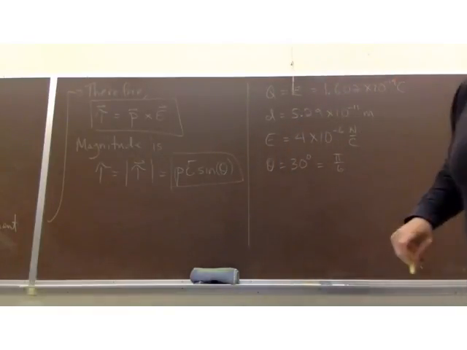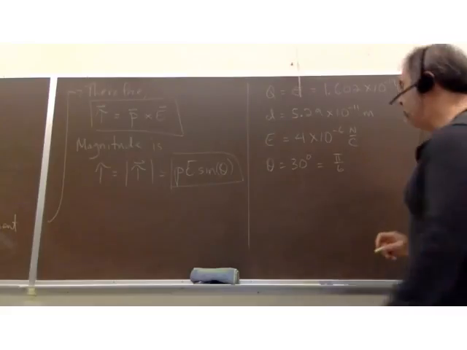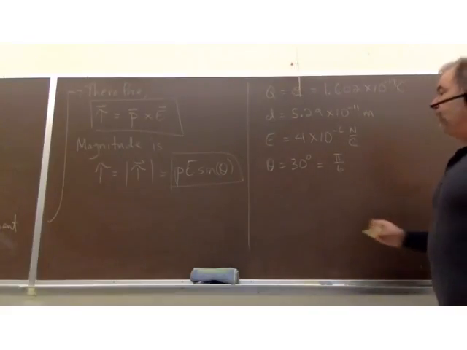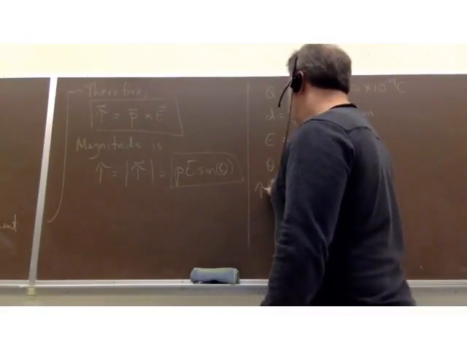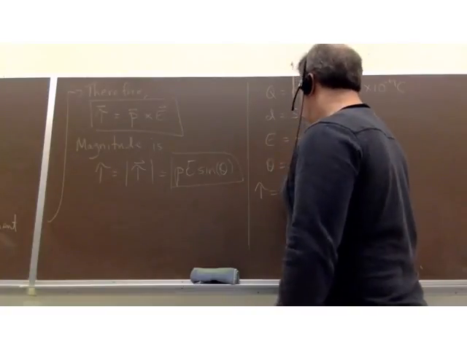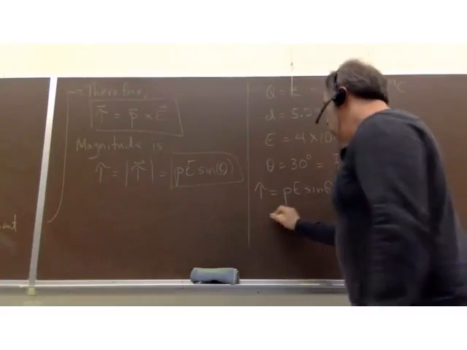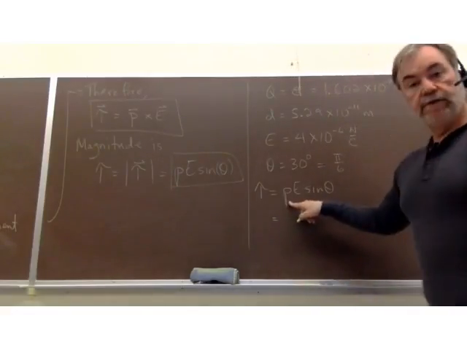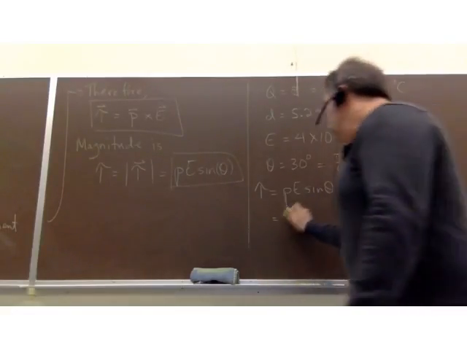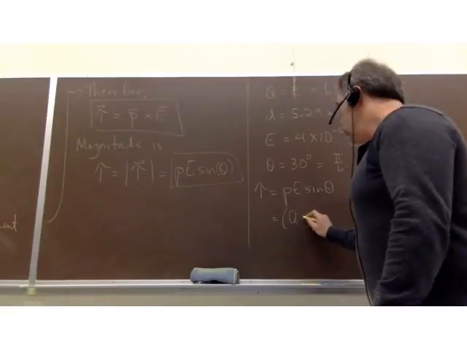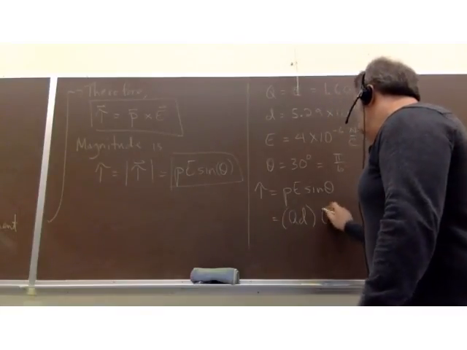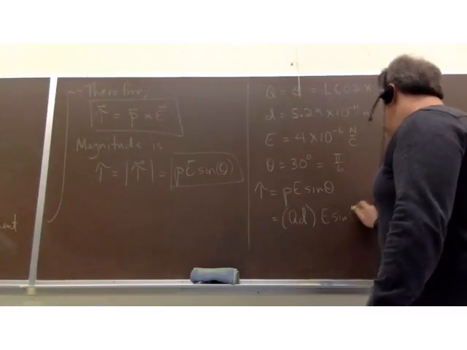Anyway, then the torque that the thing experiences is going to be P times E times sine theta, but the electric dipole moment P is Q times d, times E sine theta.